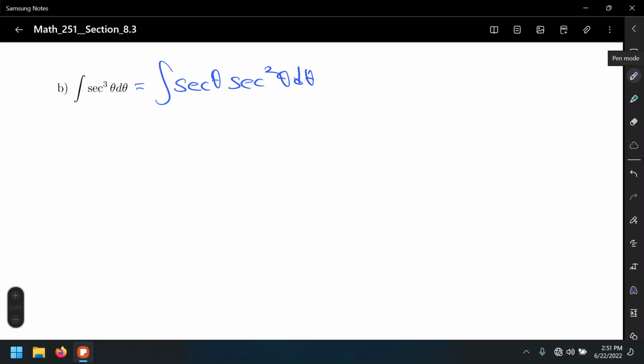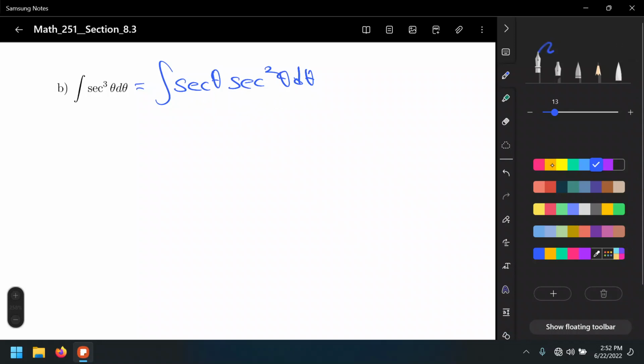But wait a minute. We have two factors of trigonometric functions. Which one do we take for u and which one do we take for the dv? Well, in this case, take the dv part as the one that is easiest to integrate. Between secant and secant squared, which one is easiest to integrate? The secant squared, because the integral for that is tangent.